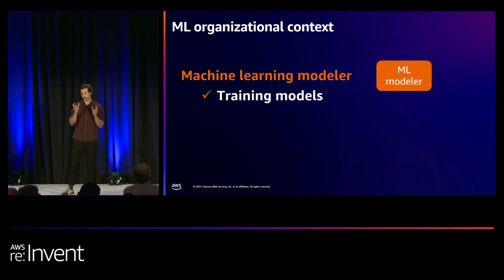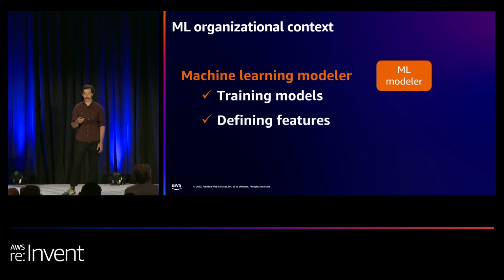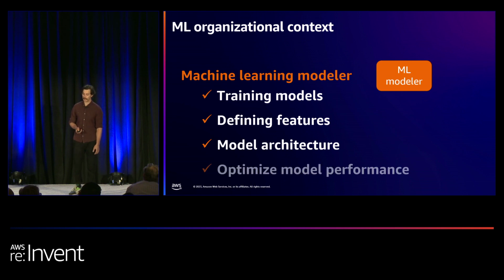So they're the ones in the notebooks working out how we can solve a particular problem with machine learning. And they also define the features that we need. So, trying to look at the data and be like, okay, cool, I can make this feature and plug that into the models. They also pick the model architecture, tree models or NLP models, depending on what the use case is. And they also help optimize model performance.